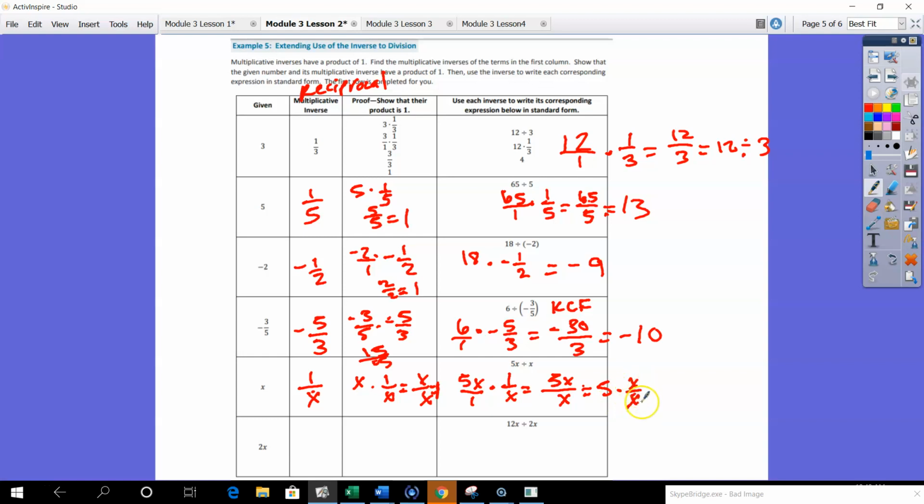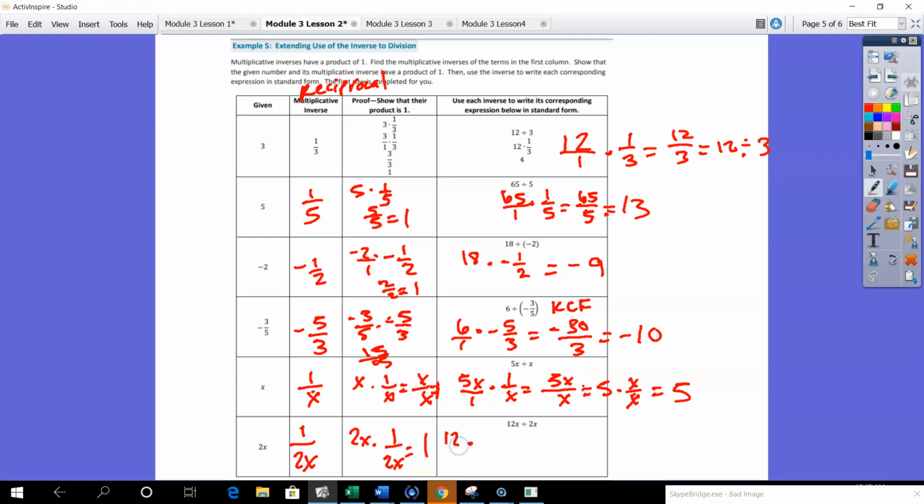So anything divided by itself again is 1, so the answer here would be 5. And lastly we have 2x, and so that would give us 1 over 2x. When we multiply 2x times 1 over 2x, we get 1.